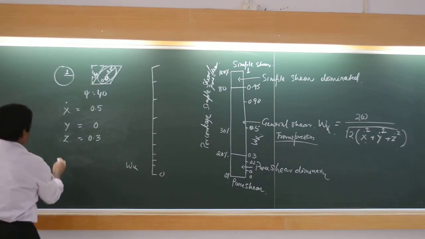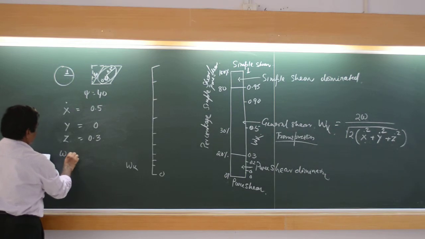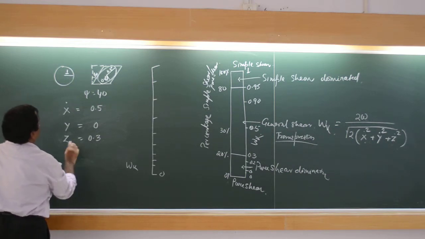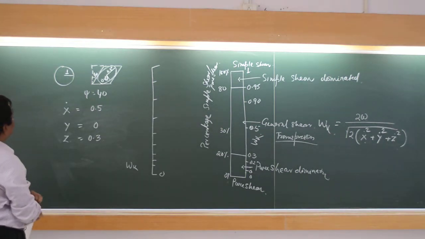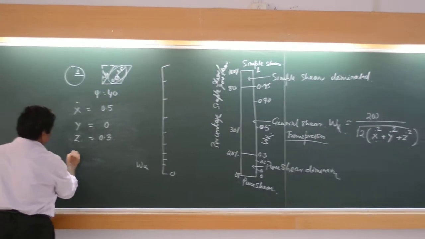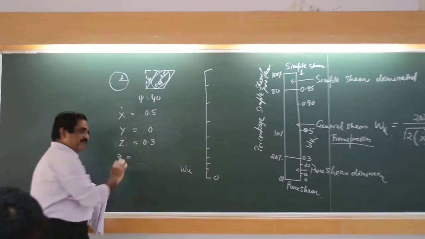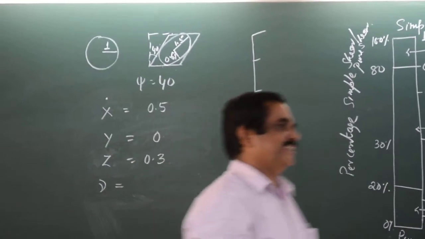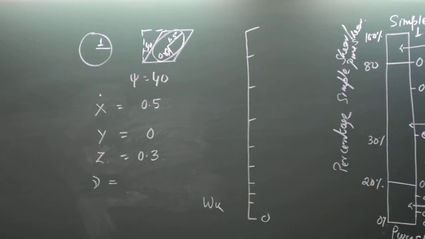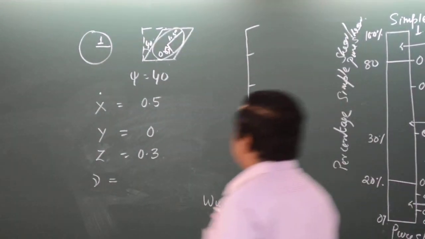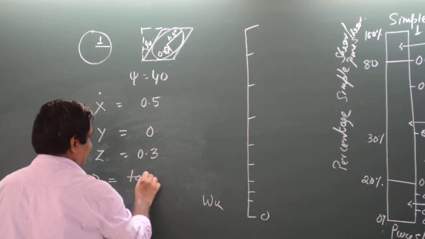Now what will the W value be? What is the gamma value? Just write down these steps, so those who were not present yesterday can also understand. What is the gamma value? Tan 40, very good.